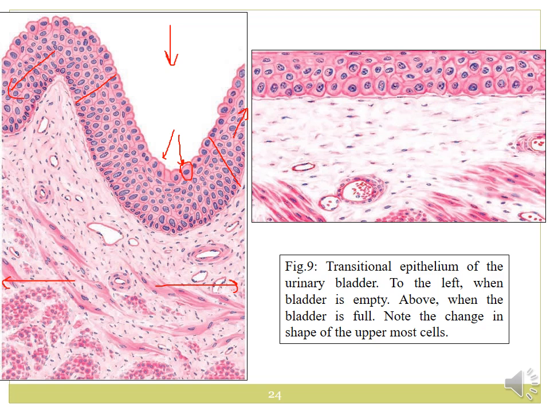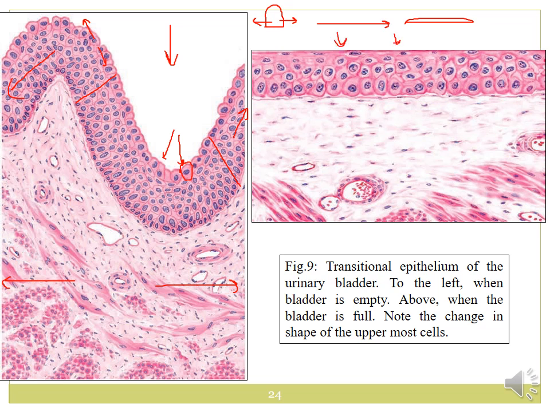And these cells, the umbrella cells, will also stretch. And instead of being dome-shaped, when we stretch them like this, they will become flattened, as can be seen here.